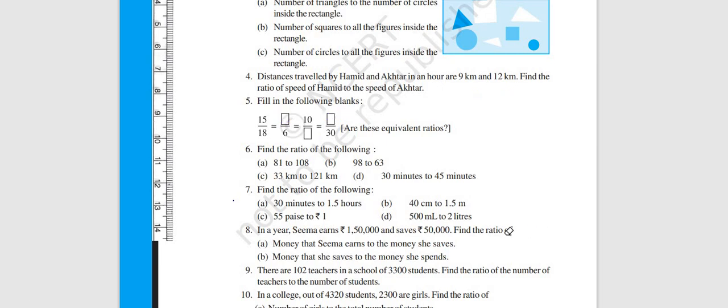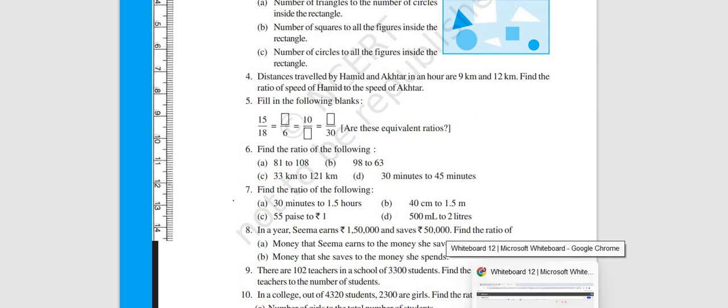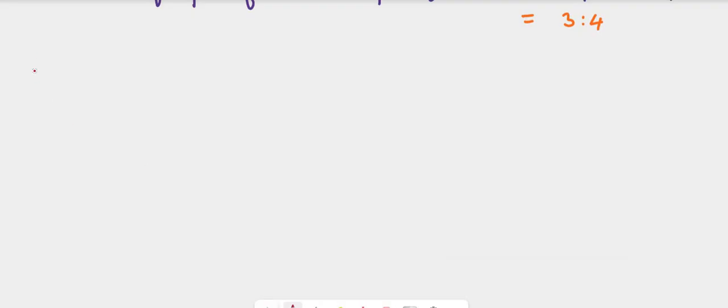Now question number 6. Find the ratio of the following. A: 81 to 108, B: 98 to 63, C: 33 kilometers to 121 kilometers, D: 30 minutes to 45 minutes. Now first question, 81 to 108.